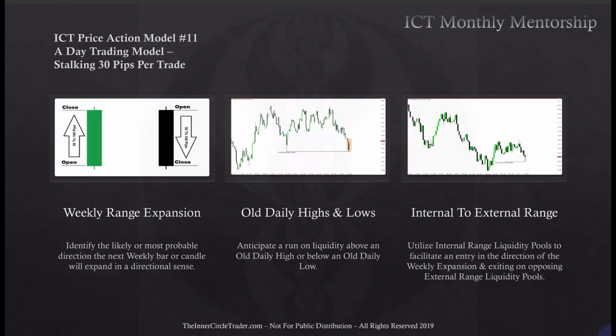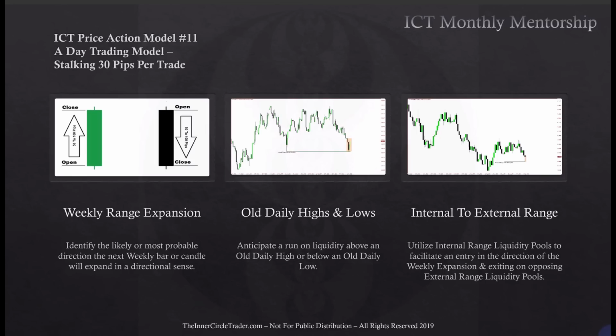So we're going to be utilizing internal range liquidity pools, and that is like a fair value gap, a void, a BISI, SIBI, something of that nature, where you get a single pass through on price, higher or lower. It'll look to rebalance that.